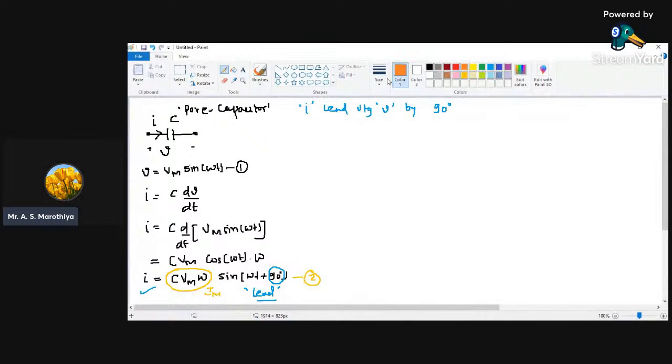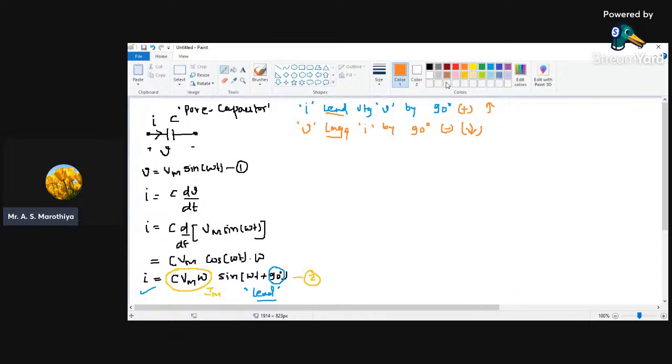The same statement can be written as: voltage lags current by 90 degrees. Where it is lead, we take plus, that means anti-clockwise. Where it is lag, we take minus, that is clockwise. So remember that in a pure capacitor, current leads voltage by 90 degrees, or voltage lags current by 90 degrees.